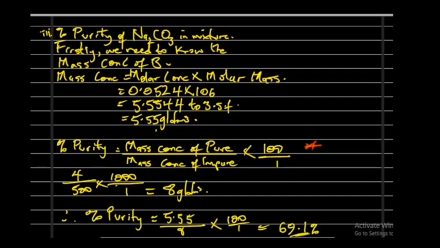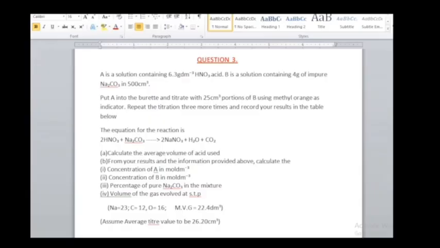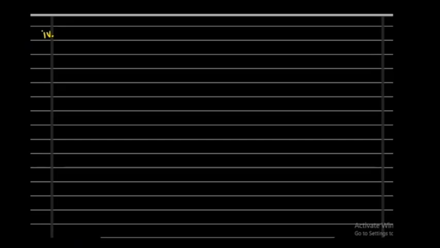And then the next question there is the fourth question, which is asking us to calculate the volume of the gas evolved at STP. The gas evolved at STP is carbon dioxide. So the volume of that gas is what we want to look at right now. Volume of carbon dioxide evolved at STP.